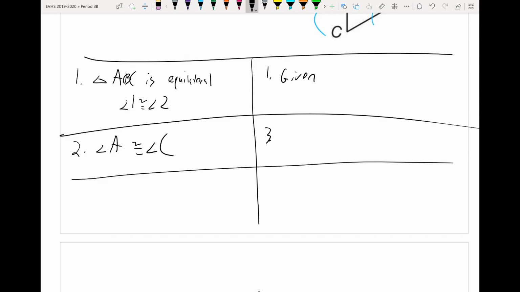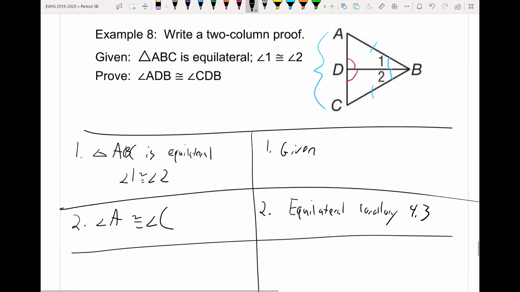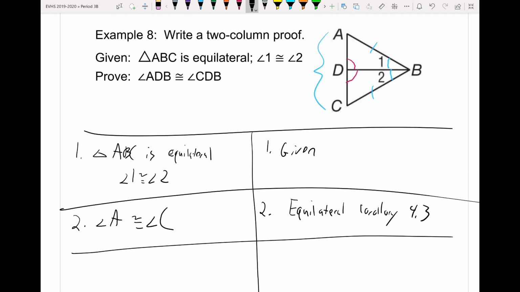That is going to be equilateral, corollary 4.3. And that should be a 2 there, not a 3.